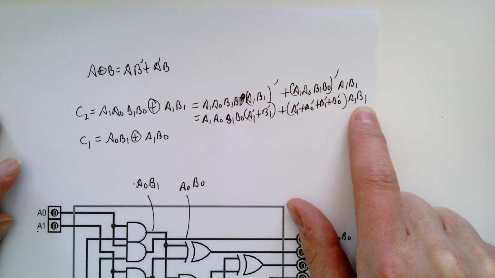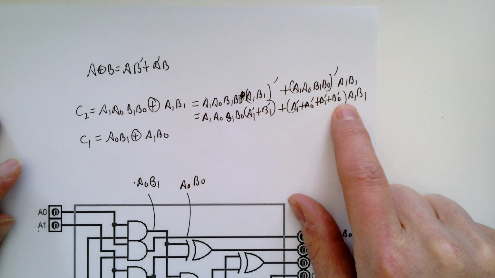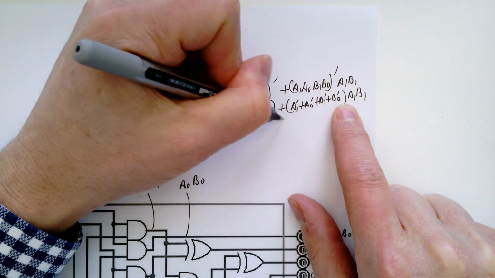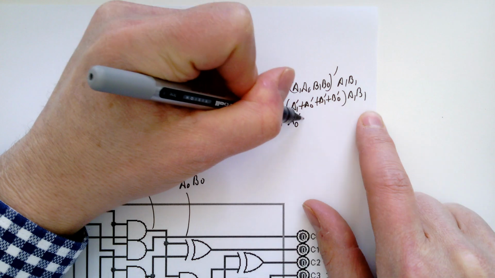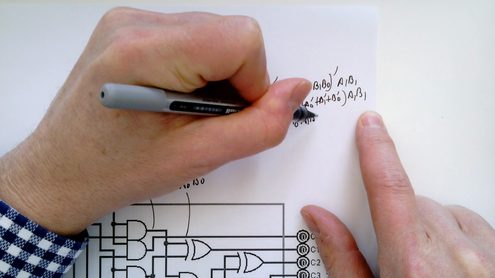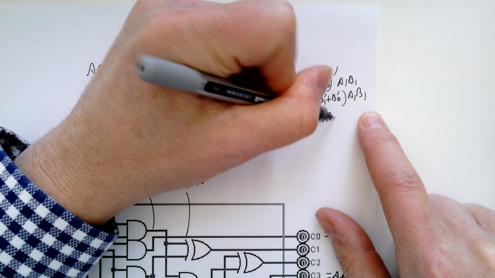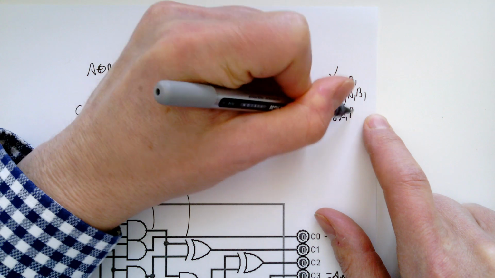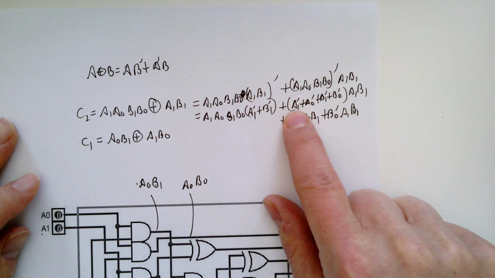So that'll be 0, that'll be 0, but these two will not be 0. Does everybody sort of see that? A1 times A1 prime is going to be 0.